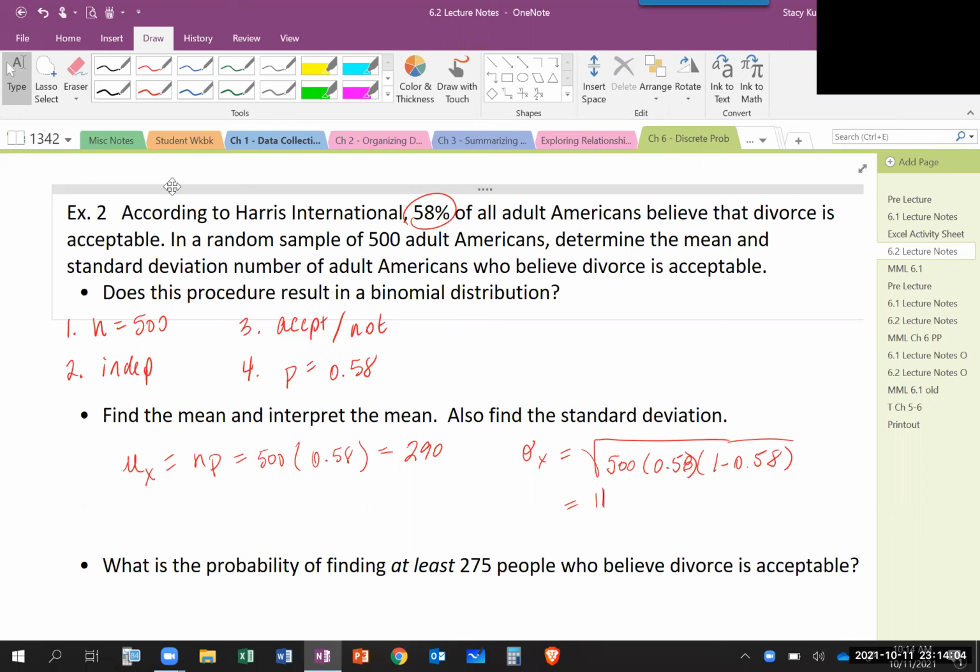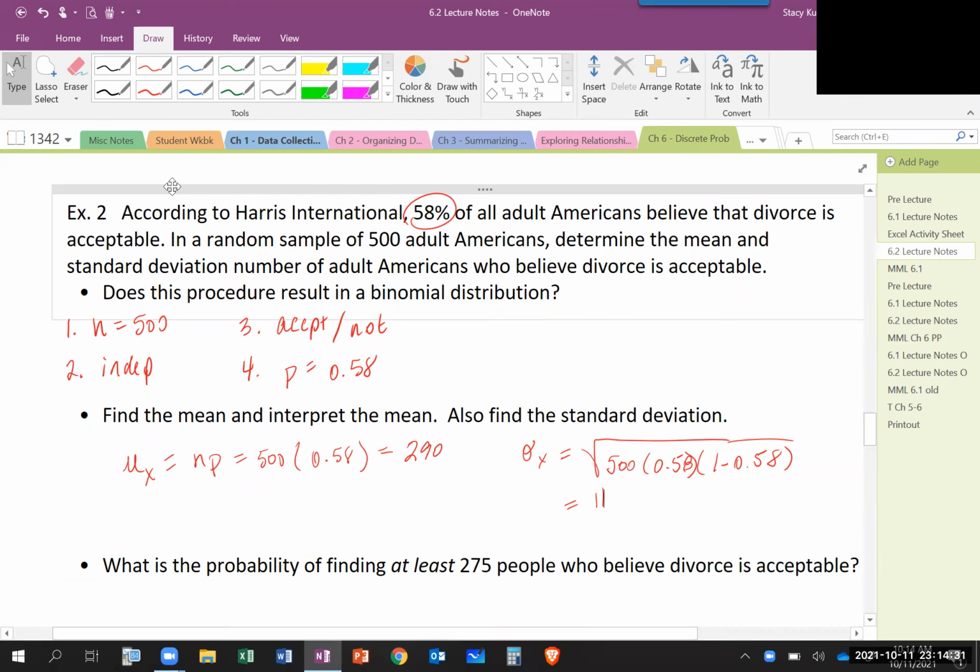Assuming 58% of adult Americans believe divorce is acceptable, we would expect about 290 of them out of 500 to believe that divorce is acceptable. Okay? All of that has to go into that sentence for our interpretation. And that was the only thing that y'all were missing, is that population's proportion, basically, right?